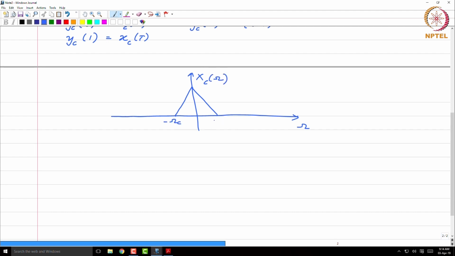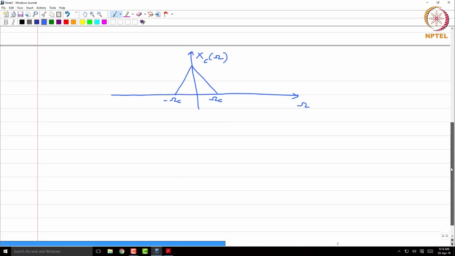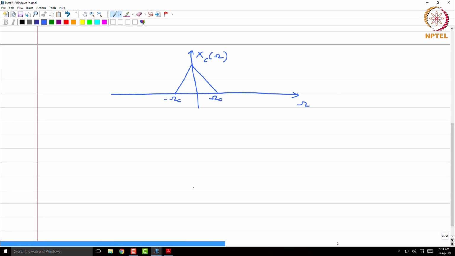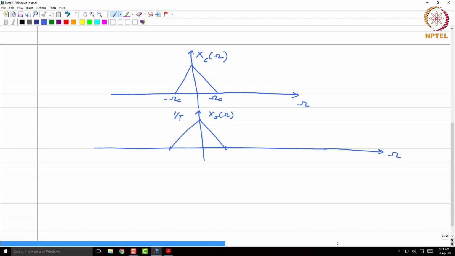So, you have a band limited signal xc of t whose spectrum is this, and then when you sample this, you get xs of omega. So, you have a scale factor of 1 over T, and then this periodically repeats.